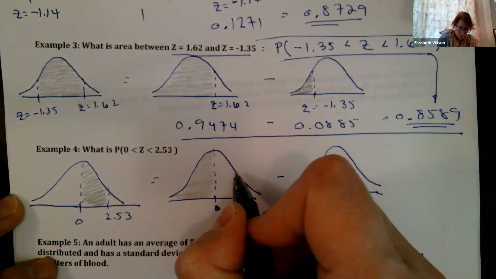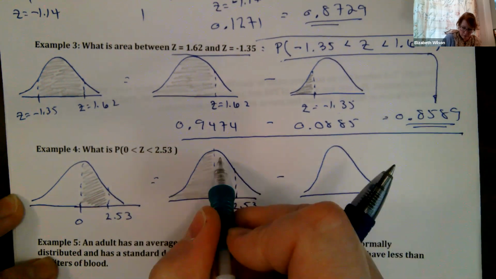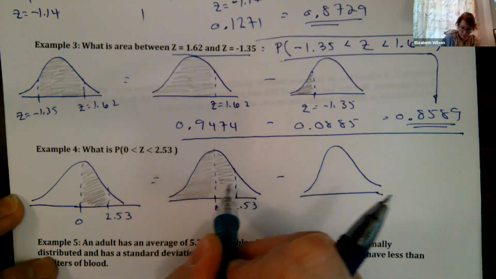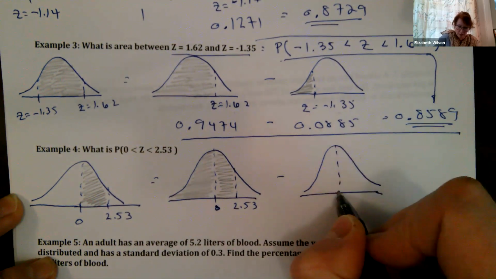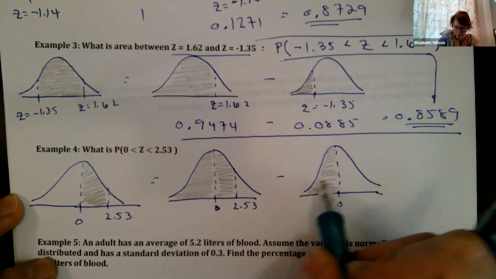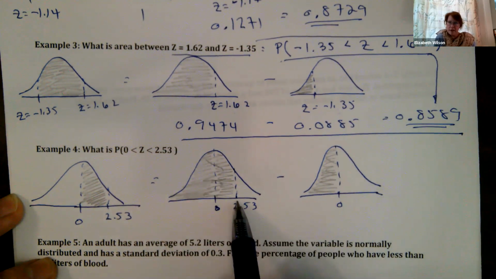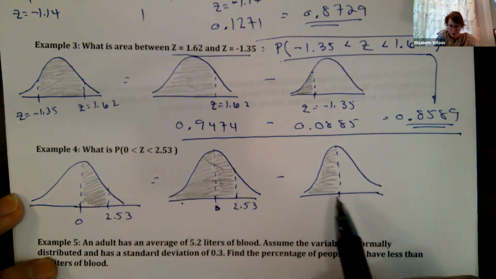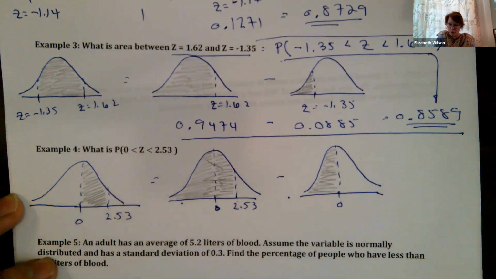This one is 0.53. The bigger one minus the smaller one, minus the 0. Okay, so I have the area to the left of z equals 2.53 minus the area to the left of 0. And that's going to give us the shaded region here between those two curves, right?